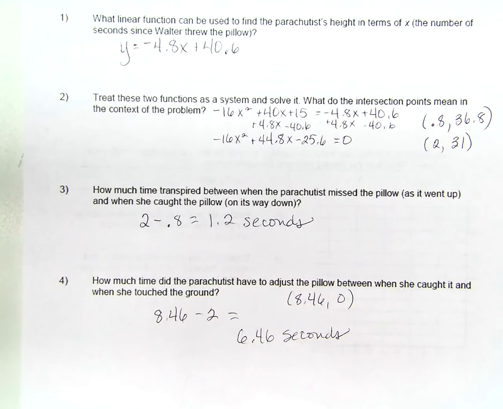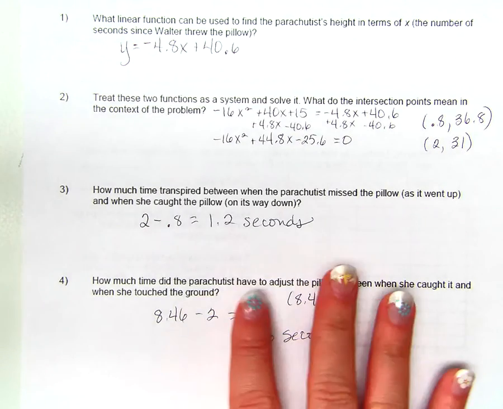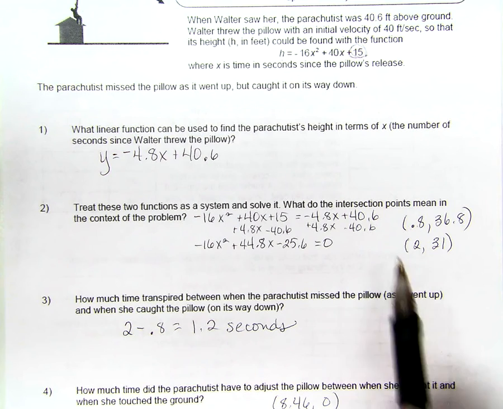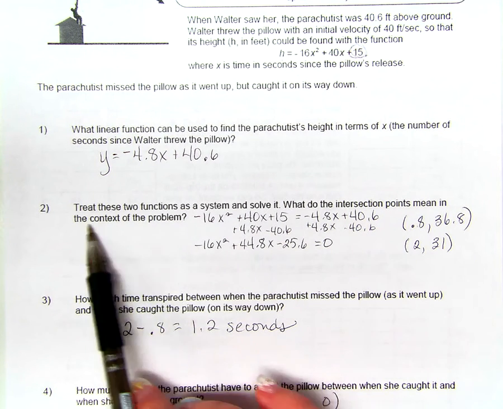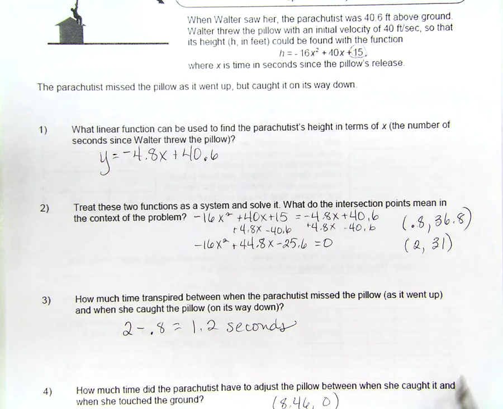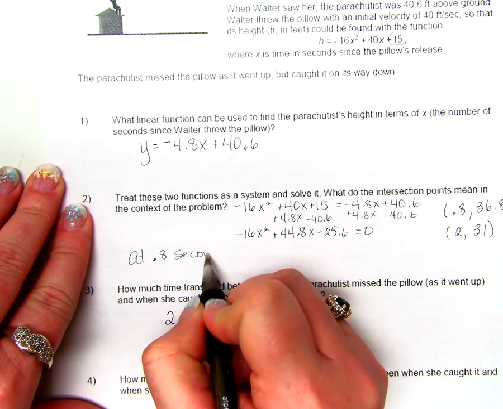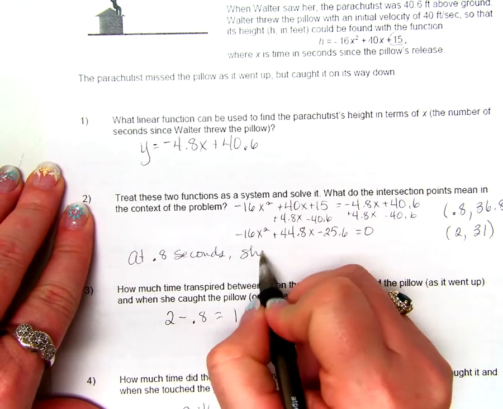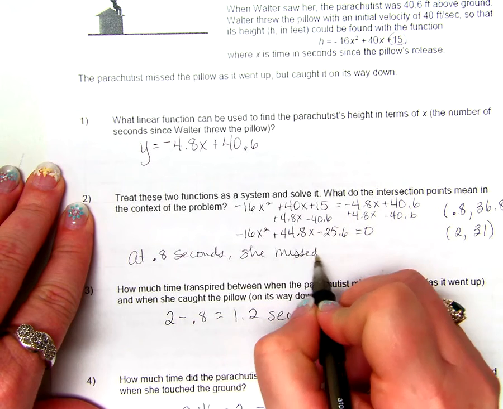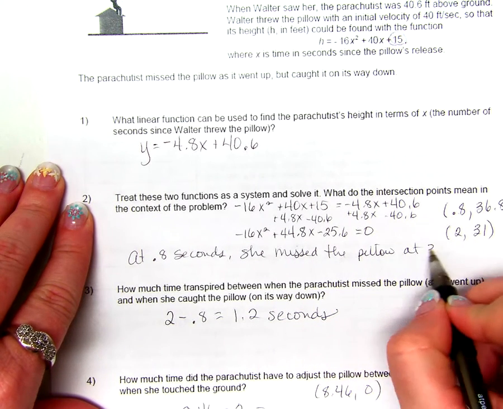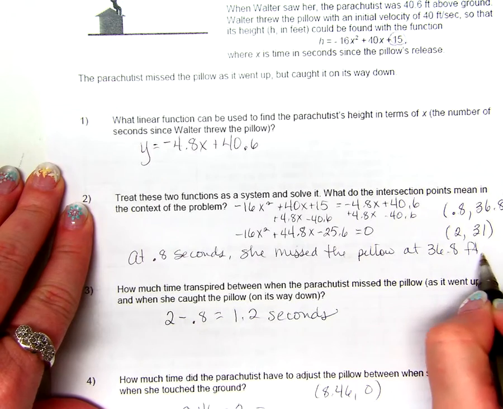You have all this? What did we not write that we should have written on problem number 2? It does say, what do the intersection points mean in the context of the problem? So at 0.8 seconds, she missed the pillow at 36.8 feet.